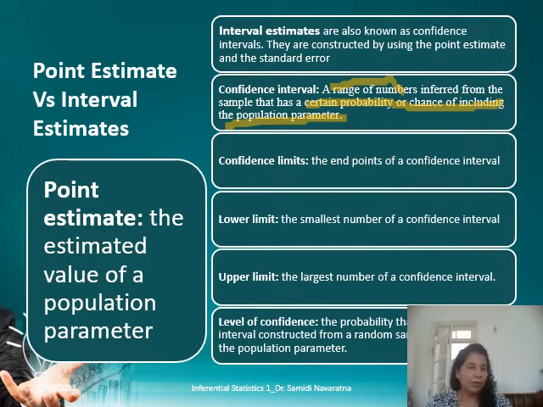What is the level of confidence? It's the probability that a confidence interval constructed from a random sample will include the population parameter.